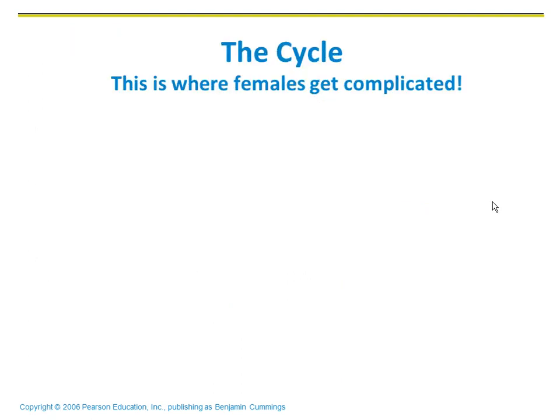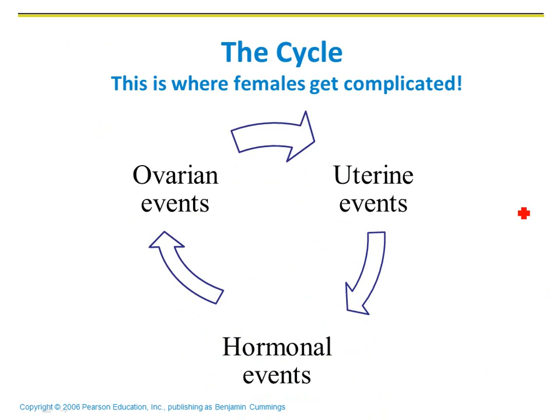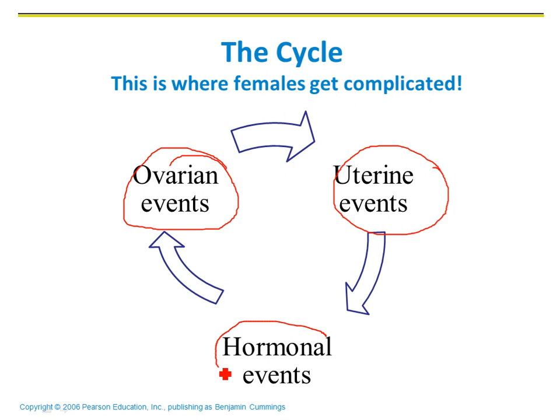All right, so we're going to look at the cycle. Remember, this is where females get complicated because we got multiple things going on here. What I just showed you are going to be the series of events occurring in the ovary. Well, at the same time, there's a whole other organ called the uterus that's going through a series of events called the uterine events. And at the same time, there's a whole bunch of hormones sitting on top of all of this controlling it.